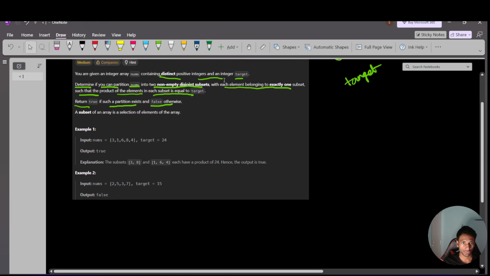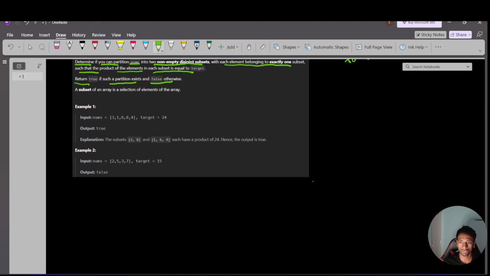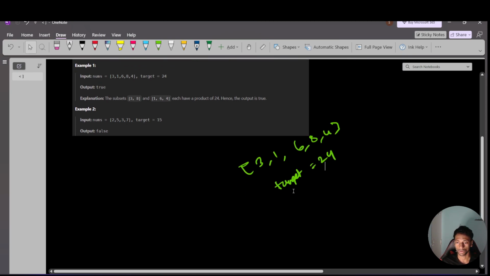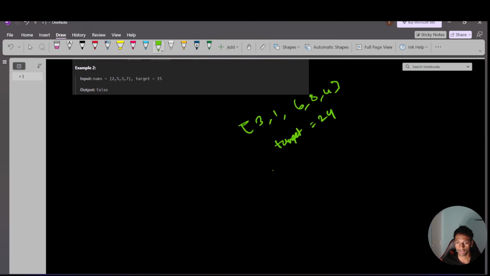So for example 1, we have an array 3 1 6 8 4 and the target is 24. We have to partition, actually create two subsets, subset 1 and subset 2, S1 and S2.